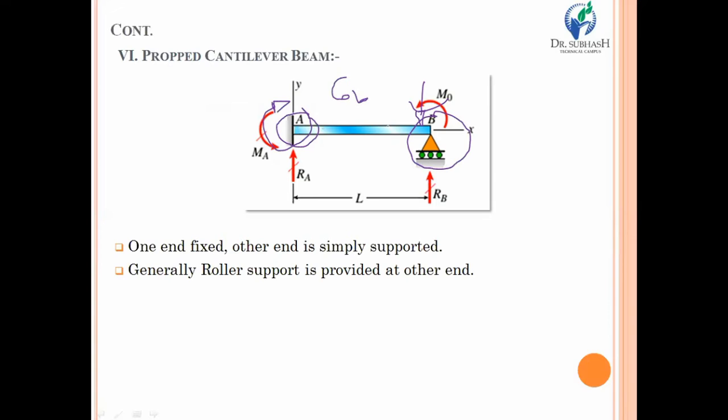Similarly, if you are applying forces on the entire span of the beam, then this beam is subjected to shear stresses. So ultimately, as with the previous types of beam, this propped cantilever beam is also subjected to both shear stress and bending moment.